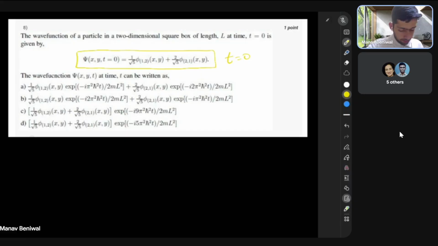Now, let's write the wave function first.